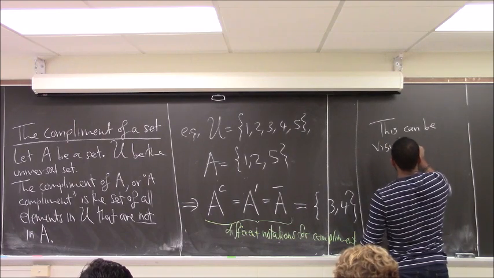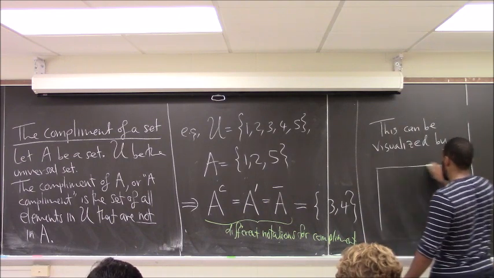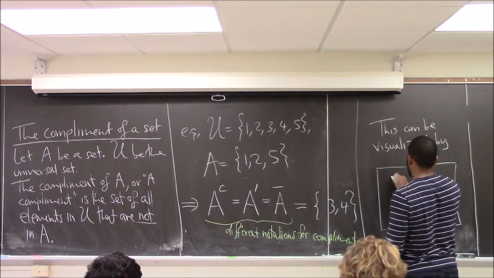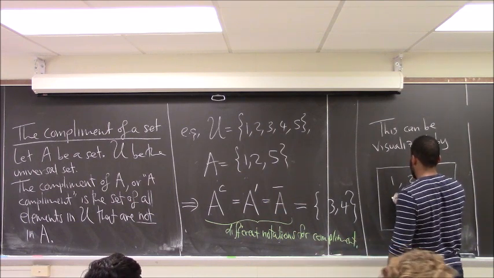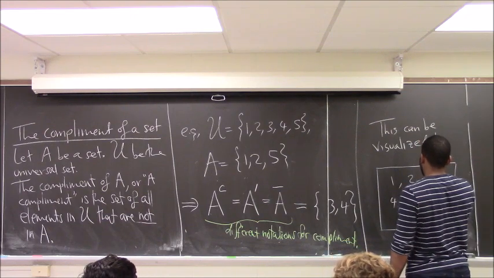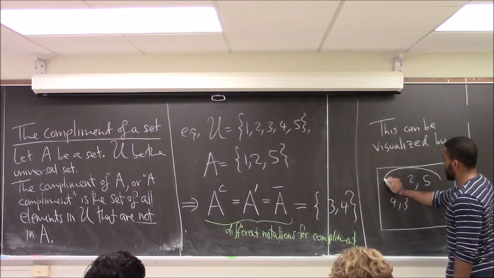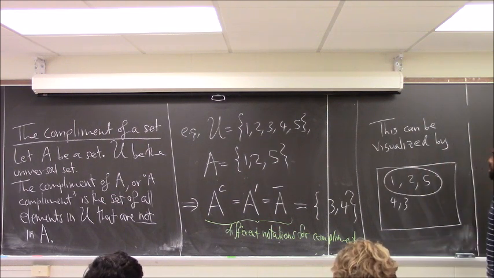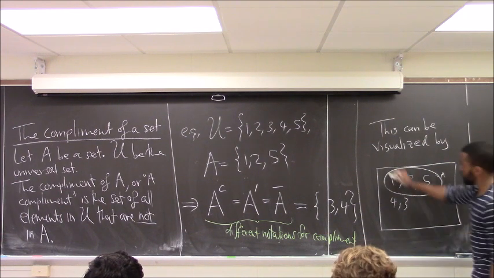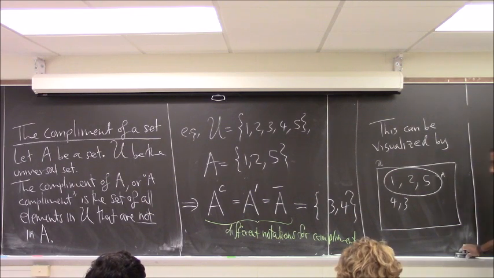You can visualize this, and you can't always visualize sets, but you have a box, and you have all these numbers in there, like 1, and 2, and 4, and 3, and 5. And what you can do is you can put all these guys in a group, you can surround them, and you can label that guy A, while the box itself will be labeled U. This way of representing sets is called a Venn diagram.